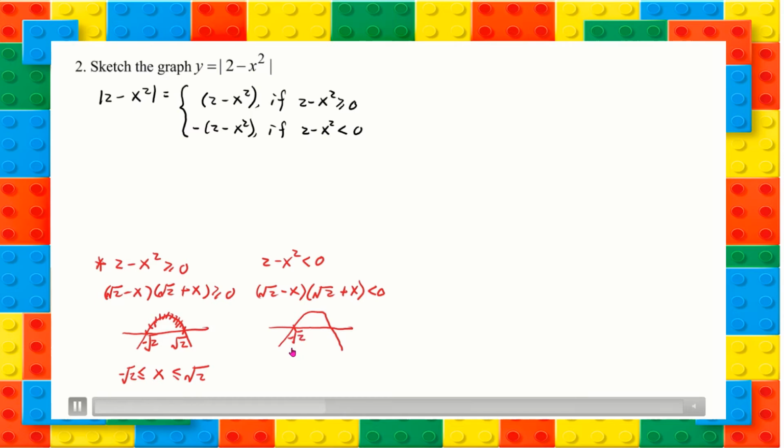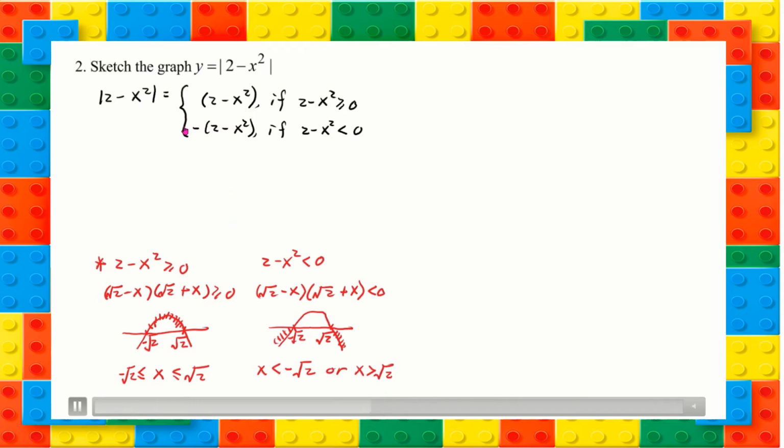Label the x-intercept. And since the inequality is less than 0, this is the area we need. For the left hand side, x is less than negative square root of 2. For the right hand side, x is greater than positive square root of 2.